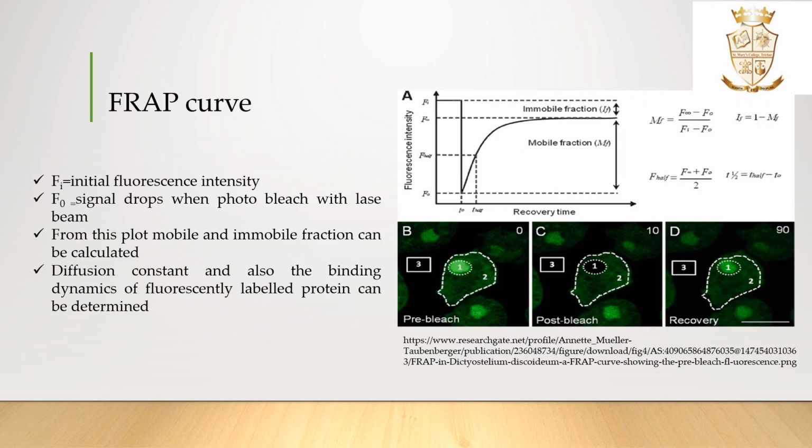Here is the FRAP curve. Fi is the initial fluorescent intensity, F0 is when the signal drops, when we photobleach with the laser beam.